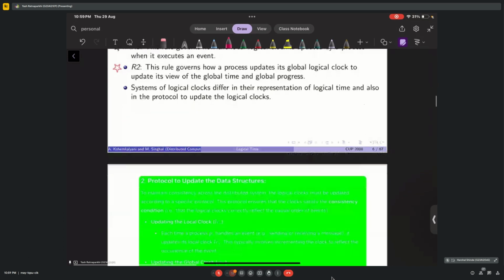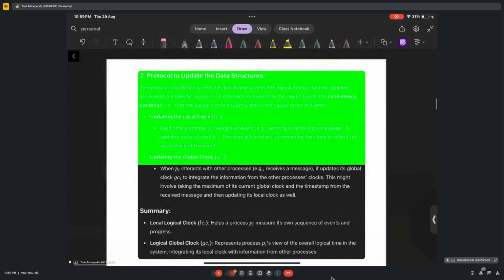So I'll read it for you. This is again what I told; this will be the replica of it. It says, to maintain consistency across the system, the logical clock must be updated according to the system's protocol. This protocol ensures that the clock satisfies the consistency condition, that is, the logical clock reflects the causal ordering of the events.